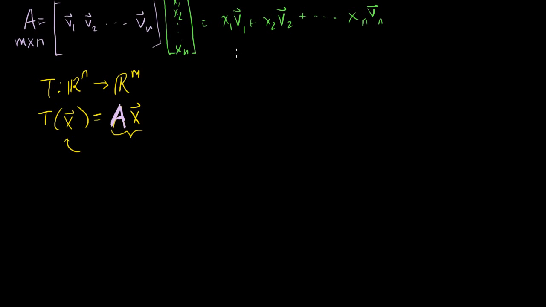And each of these column vectors, what set are they members of? Well, this is an m by n matrix, so the matrix has m rows, and each of these column vectors will have m entries. So all of these are members of Rm. If I take a linear combination of all of these, I'm going to get another member of Rm.